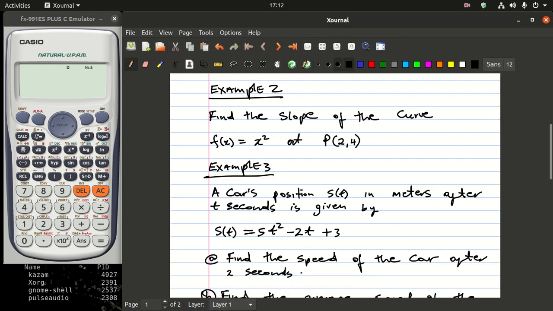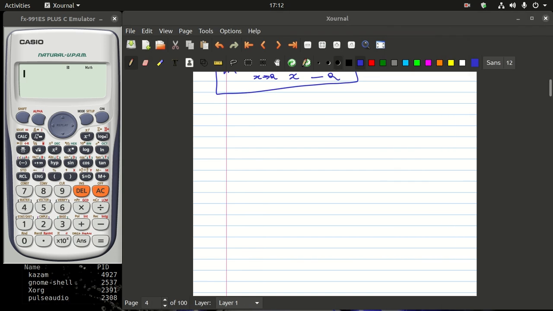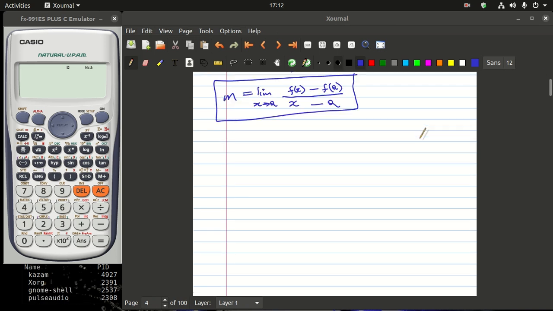Let's look at example 2. Find the slope of the curve f of x at this point here. Right. So in this example, we have our own example. Let me use red.